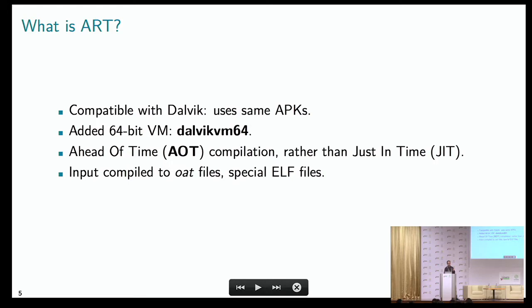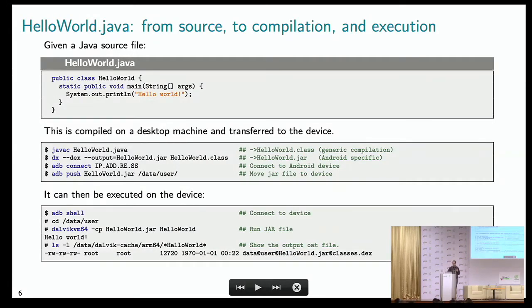So let's have a look at how we can take a simple Java source file and execute it with Art. What we are doing here is rather different from what would normally be done by an Android user. An Android user would use the Google Play Store. But here, we are interested in understanding how Art works internally.